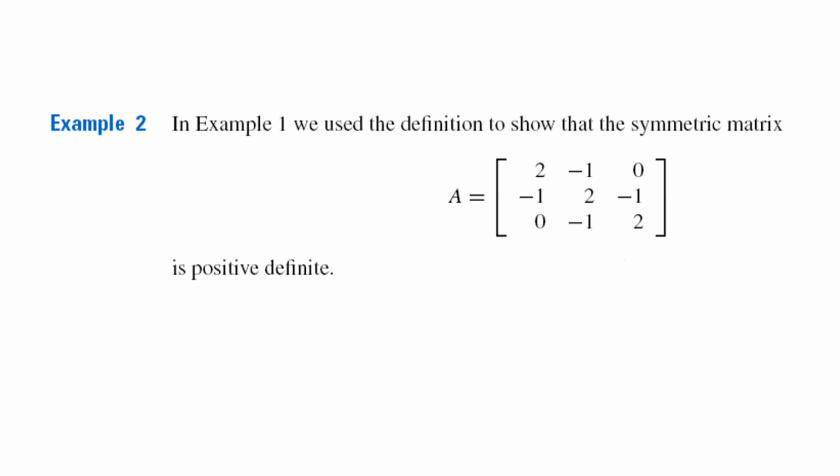It is important to note that it has three leading principal submatrices, because k lies between 1 and 3, including 1 and 3. You will get A1, A2 and A3.